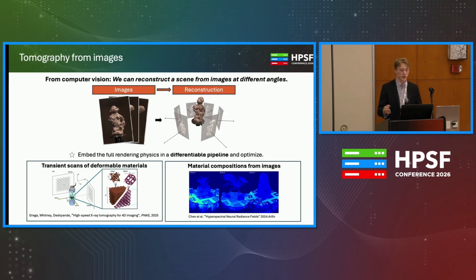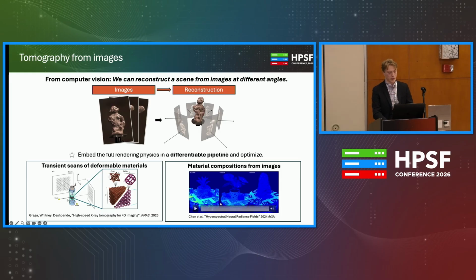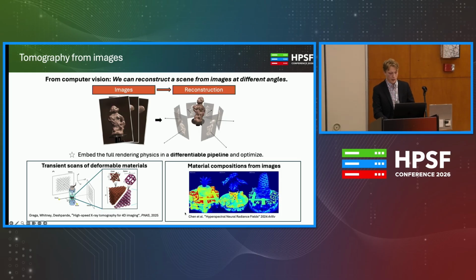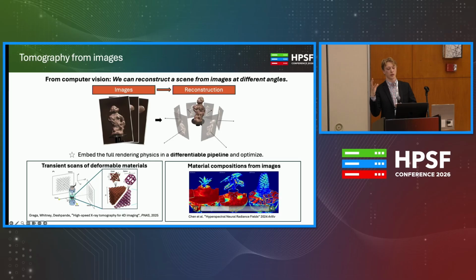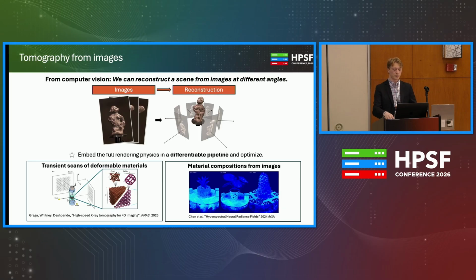It's essentially just tomography, but using modern differentiable approaches. And here you're seeing an animation of how somebody used a hyperspectral camera to not only reconstruct the scene, but also to map out the materials in that scene to understand what the scene is made of.